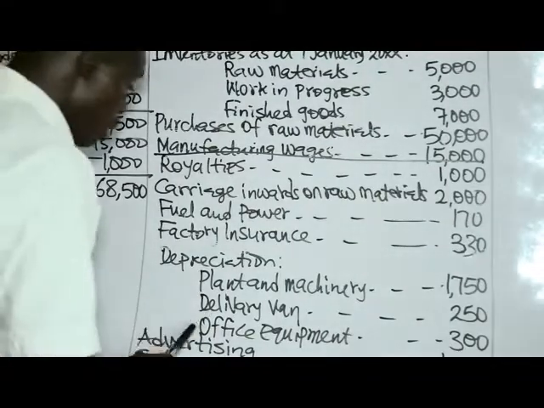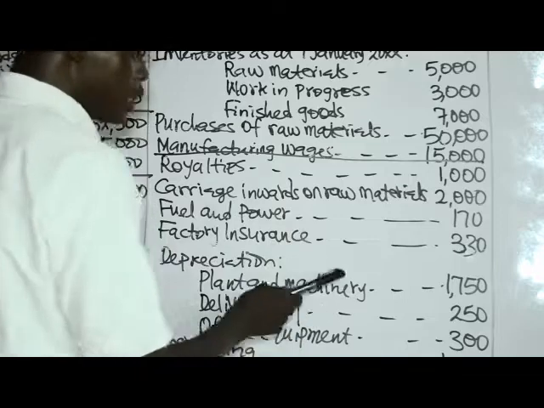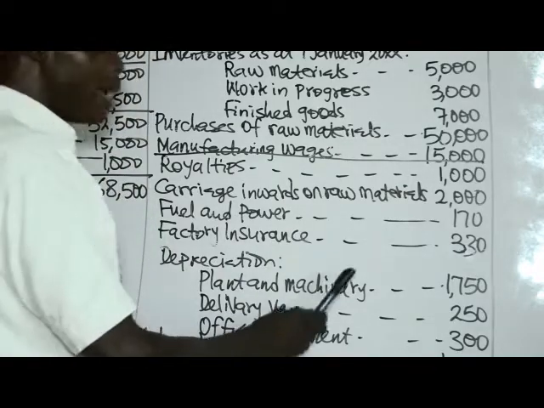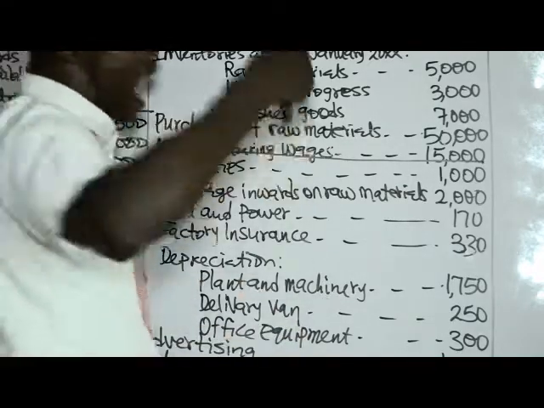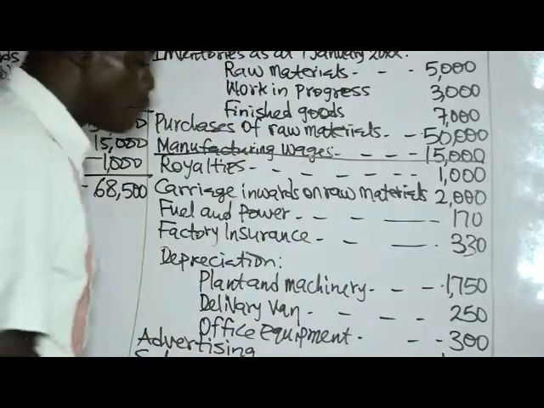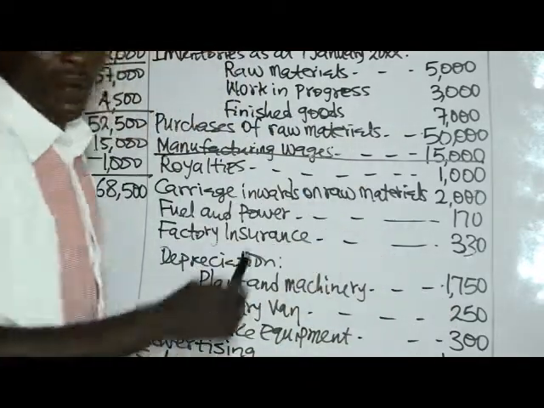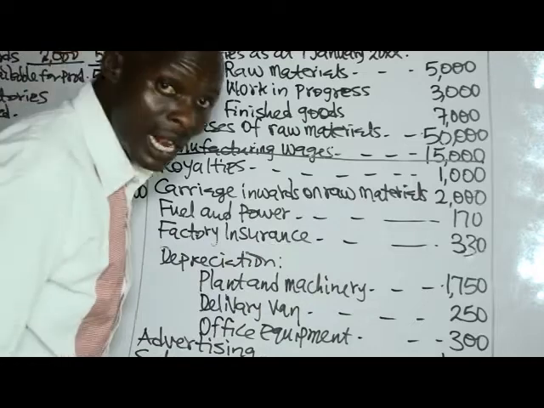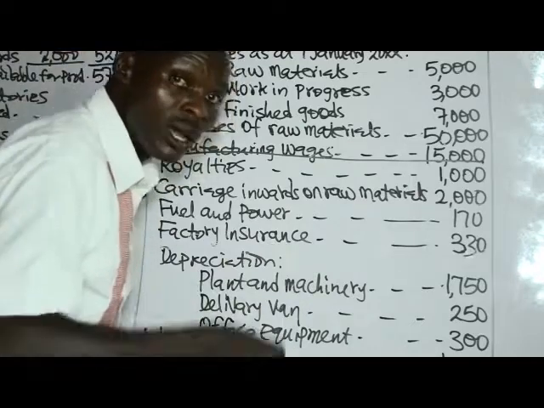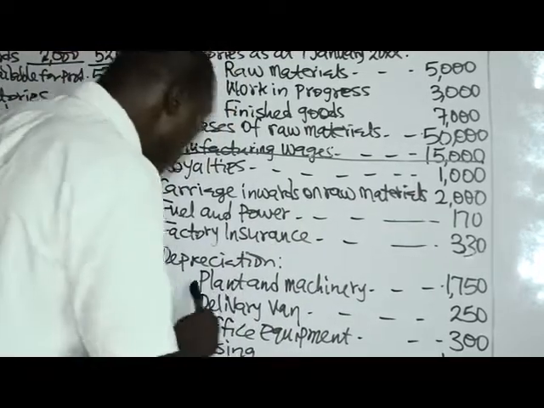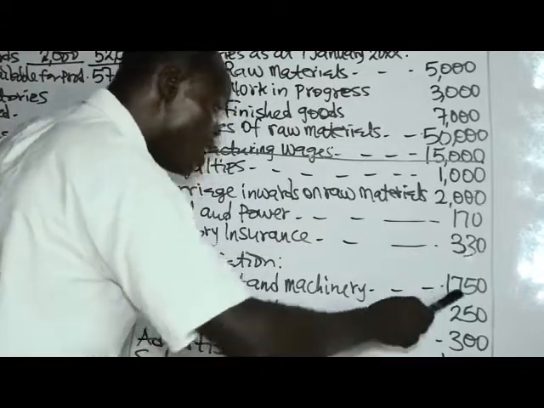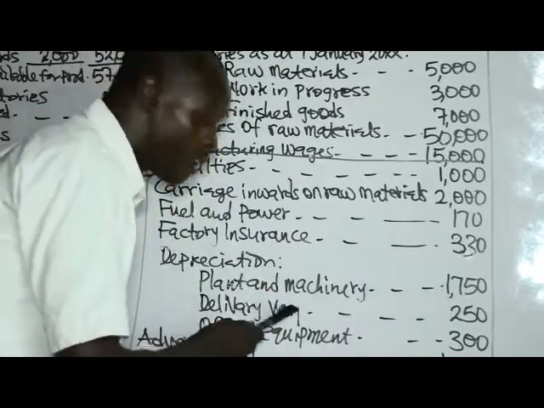You have depreciation on plant and machinery. It is believed that plant and machinery will be used at the site for production. Therefore, depreciation on plant and machinery will be treated as part of the factory overheads.